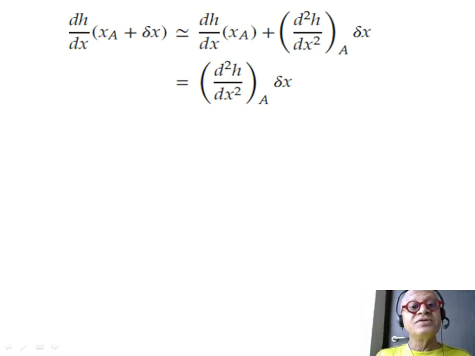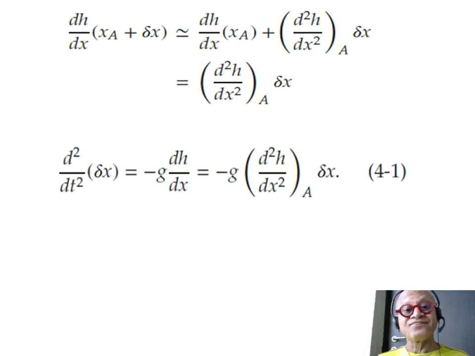So the change in the slope slightly away from xA is d squared h/dx squared at xA times delta x. Very simple math, no need to panic. Just make sure you understand it.